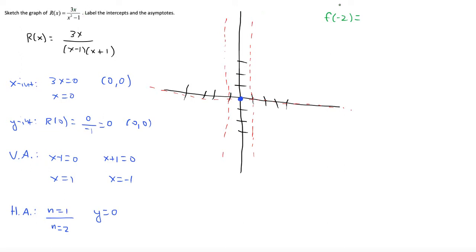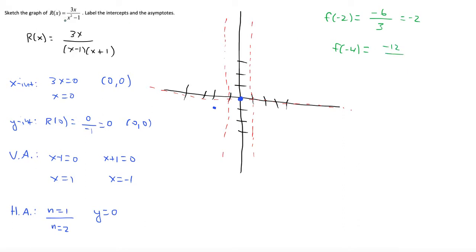Plug in negative 2 into the function and see what we get. So 3 times negative 2 is negative 6. Negative 2 squared is 4. 4 minus 1 is 3. So that gives us negative 2. So when x is negative 2, the y value is negative 2 as well. So hopefully that tells us what this graph may be doing, right? But just to be sure, let's put in another point like negative 4, okay? 3 times negative 4 is negative 12.